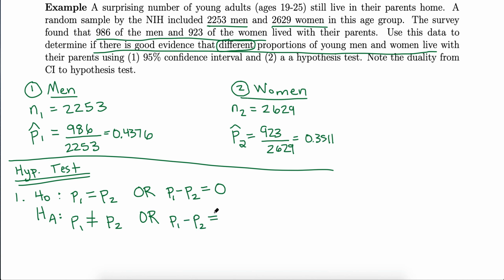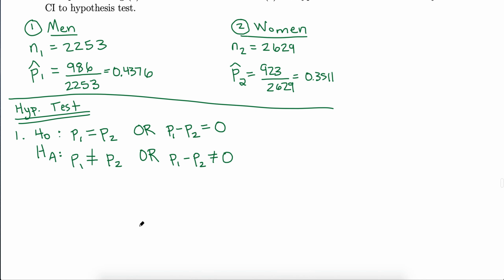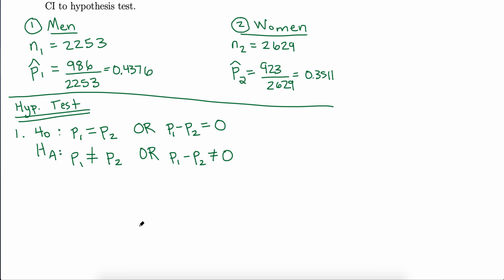There is a difference. It's not zero difference. We don't know what it is, but there's a difference somewhere. So again, initial assumption, assume they're the same. Research question, can we show they're different? Okay, next bit we need to calculate our test statistic. So step 2, our test statistic, remember this is just our fancy z-score.